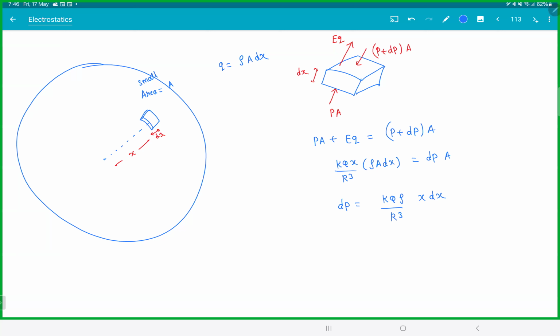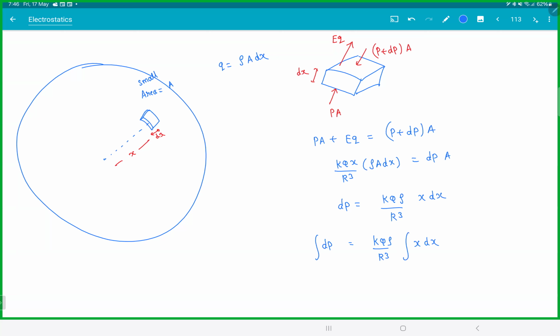And then what do we get? Yeah, we're done basically. So integral dP, this guy would be KQ rho by R cube integral x dx.